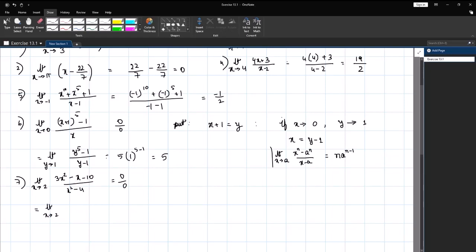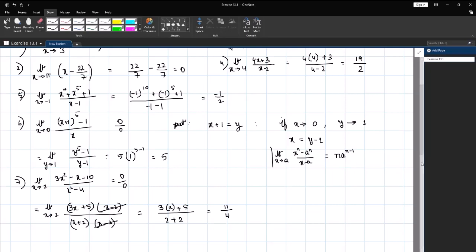If we factorize the numerator, we'll have 3x plus 5 into x minus 2 divided by, if we factorize the denominator, we'll have x plus 2 into x minus 2. So x minus 2 and x minus 2 in the numerator and denominator get cancelled, and if we substitute the value of x, that is 2, we'll have 3 into 2 plus 5 divided by 2 plus 2, which is nothing but 11 by 4.